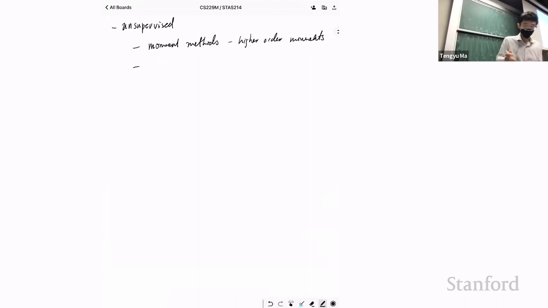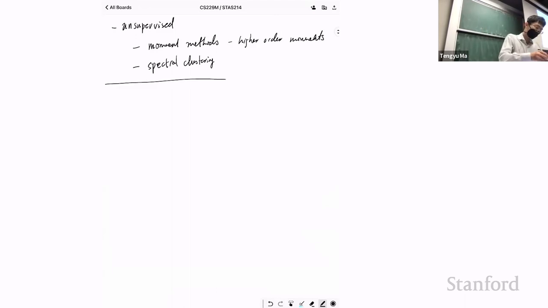And then next, we're going to talk about something called clustering, or spectral clustering in more technical words. So these are different types of unsupervised learning algorithms.